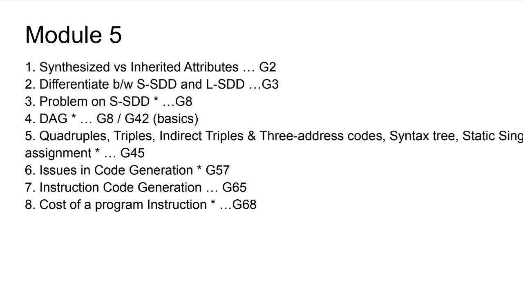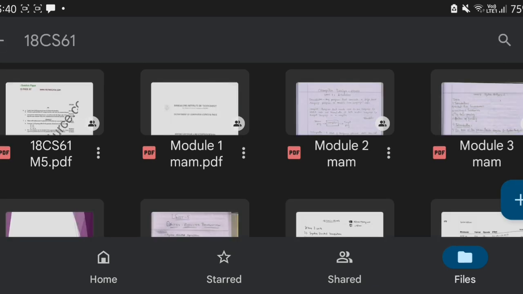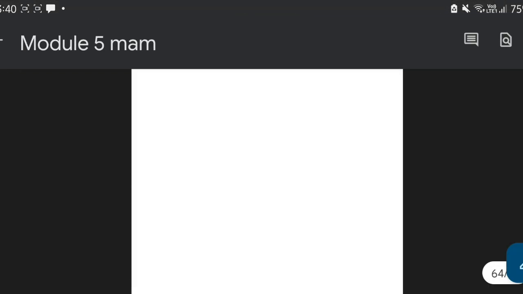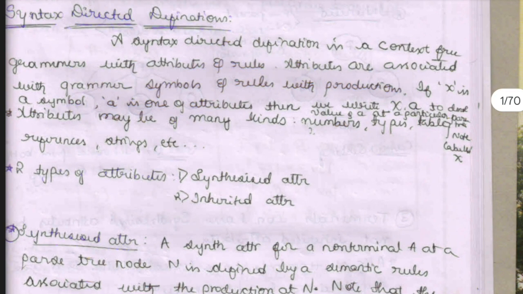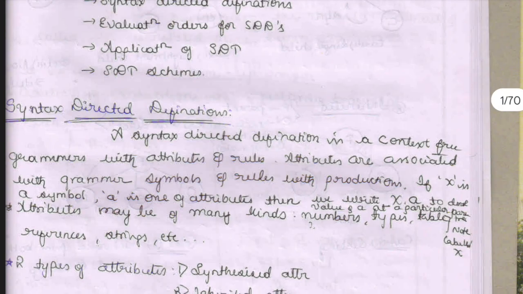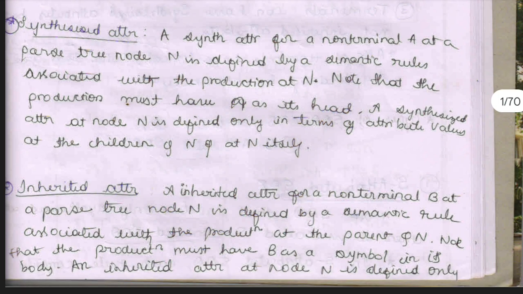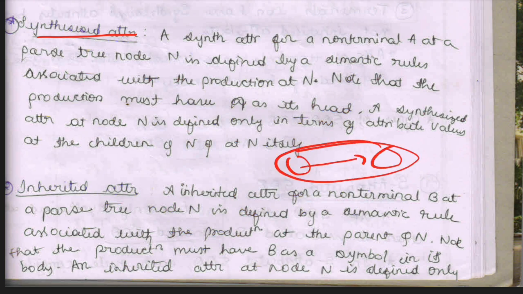In module 5 also I am referring to the MEMS notes only. So this is module 5, and the first thing you need to know is the difference between the synthesized attribute and the inherited attribute in syntax directed translation. Synthesized means it's a direct attribute, there is a direct relation given, and by that you are deriving the attribute.